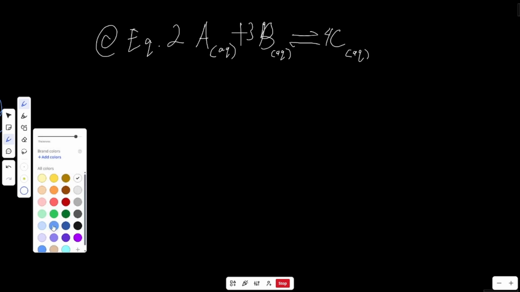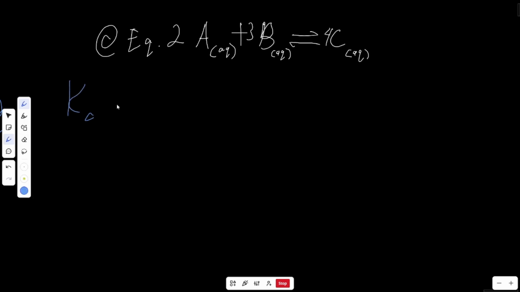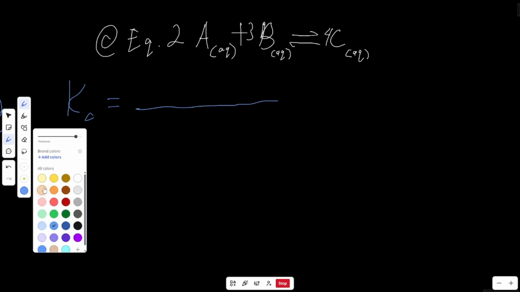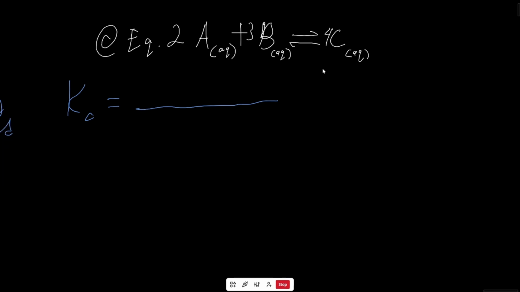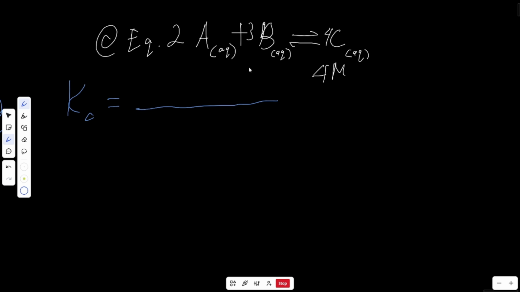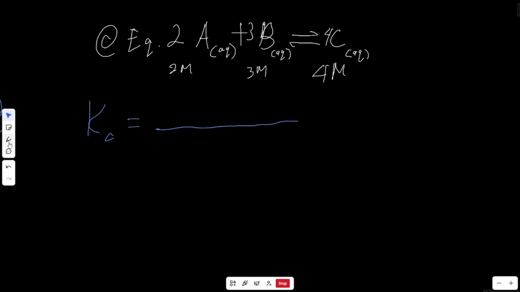For Kc, we just have to write Kc is equal to first the concentration of the right side. Let's say they're 4 M, 3 M, and 2 M respectively, so that it's easier for us, just for demonstration purposes.